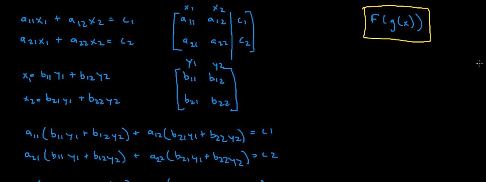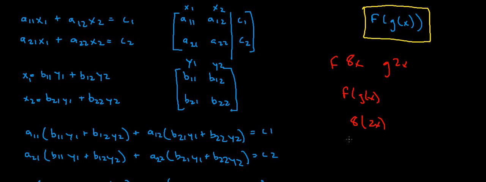It's easiest to think of it as an f of g of x function. So if I have f as 8x, and g is 2x, then f of g of x would be like this. Okay?